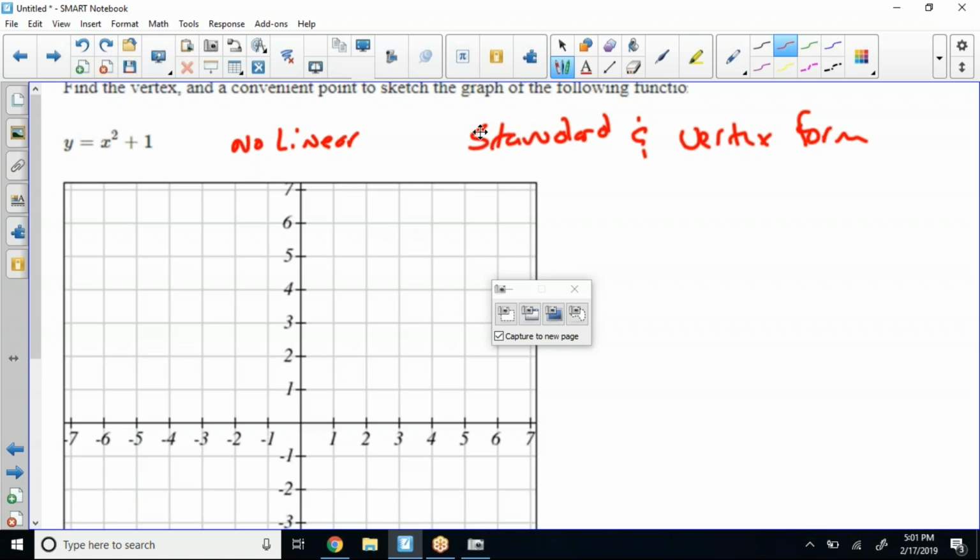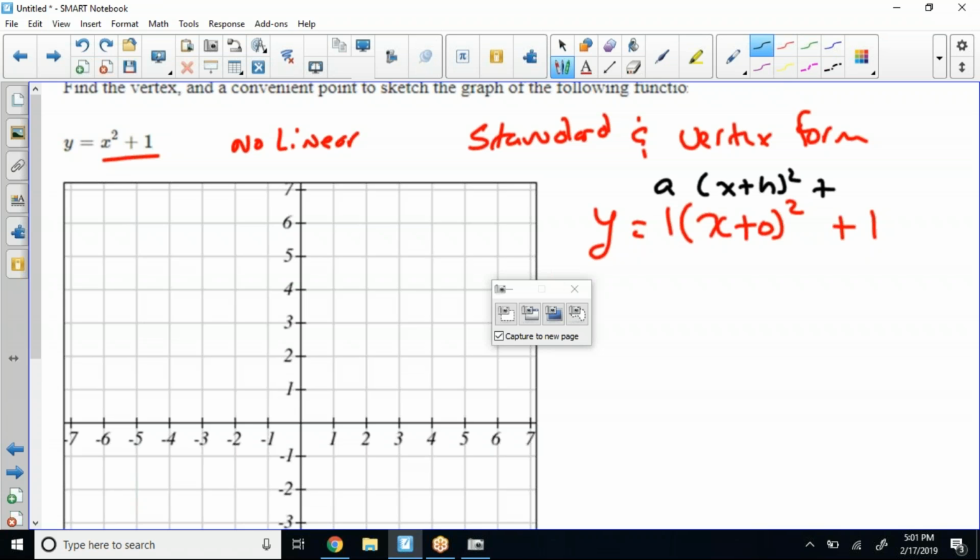So that's really saying this, and the a is 1. If we're going to find the vertex, that'd be (0, 1). You can't change the sign on 0. So that'd be here. And what did it ask you to do other than that? Another point.